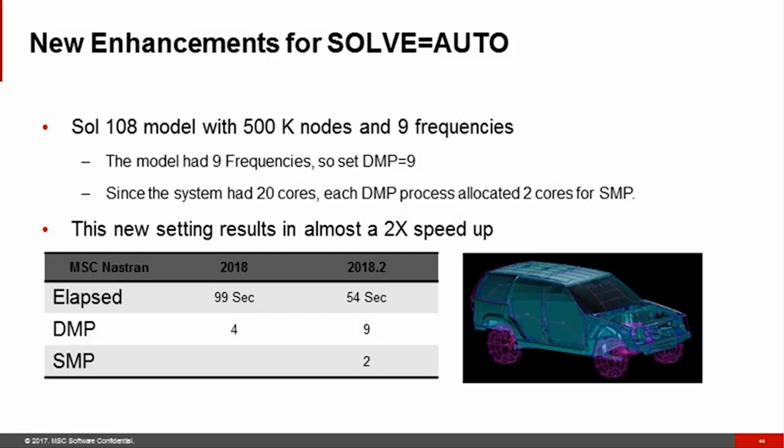And you see how the new setting resulted in almost twice the speed in comparison to version 2018. The 2018.2 ran in 54 seconds, whereas the 2018 ran in 99 seconds. You see how the system used 9 DMPs, and it had 20 cores, so each DMP process allocated 2 cores for SMP as well.